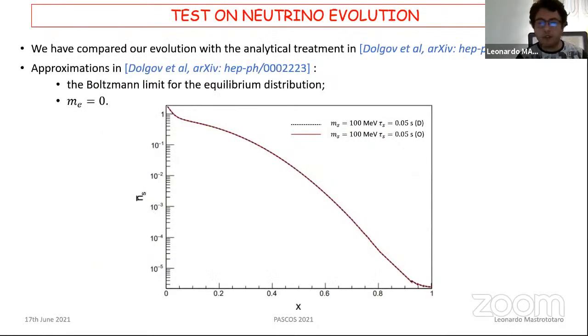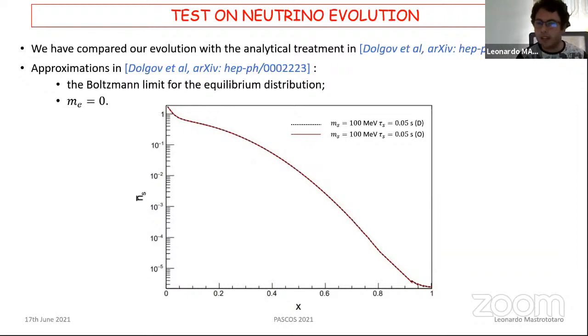A first test for our code is to compare it with the analytical treatment of the Dolgov paper. In that paper, the authors have done an analytical treatment with some approximations. The first is that the electron mass is taken to be 0, and the second is that inside the collision integral they have taken only the Maxwell-Boltzmann distribution instead of the Fermi-Dirac distribution.